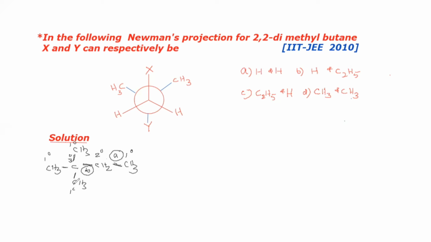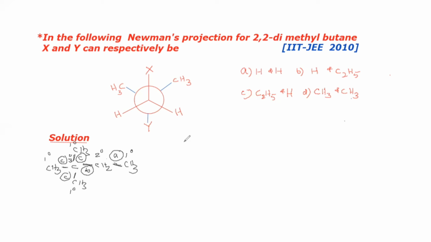Let them be C type of axis. It is C axis, it is C axis, it is also C axis. Therefore, in the given structure, we have three types of axes, A, B, and C. Now relate each axis with a given Newman projection formula.